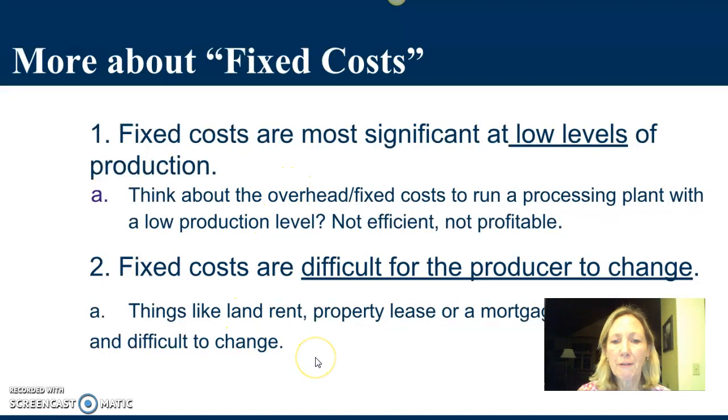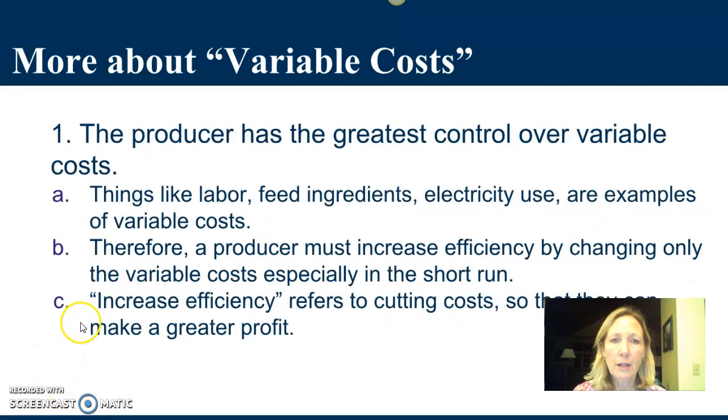Also, fixed costs are very difficult for the producer to change because they have to do with rent, long-term agreements, a mortgage, something like that. So it's very difficult to change fixed costs. On the other hand, a farmer has greater control over variable costs. You can think about this pretty easily. If you're operating a dairy and the milk prices are low, you're going to try to control your variable costs.